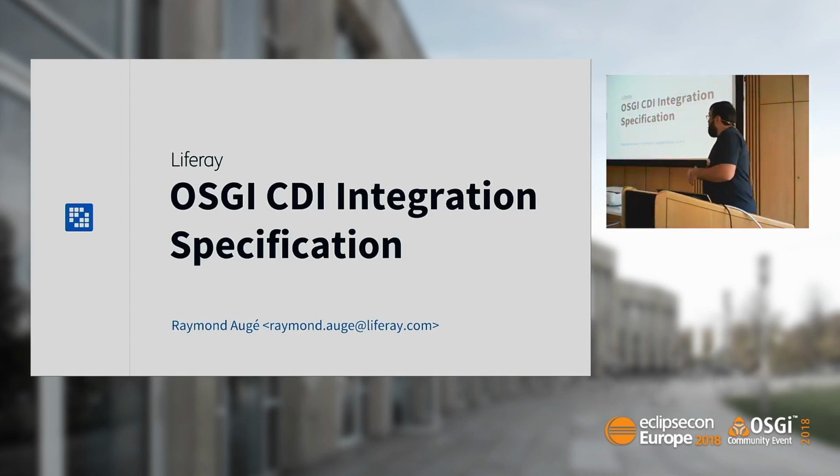The OSGi Alliance took on this venture to do CDI, and this is long in the works. As I mentioned in my other talk, I think it was Red Hat in the late 2000s that did the first attempt to get a CDI specification in OSGi, and that didn't really go anywhere.